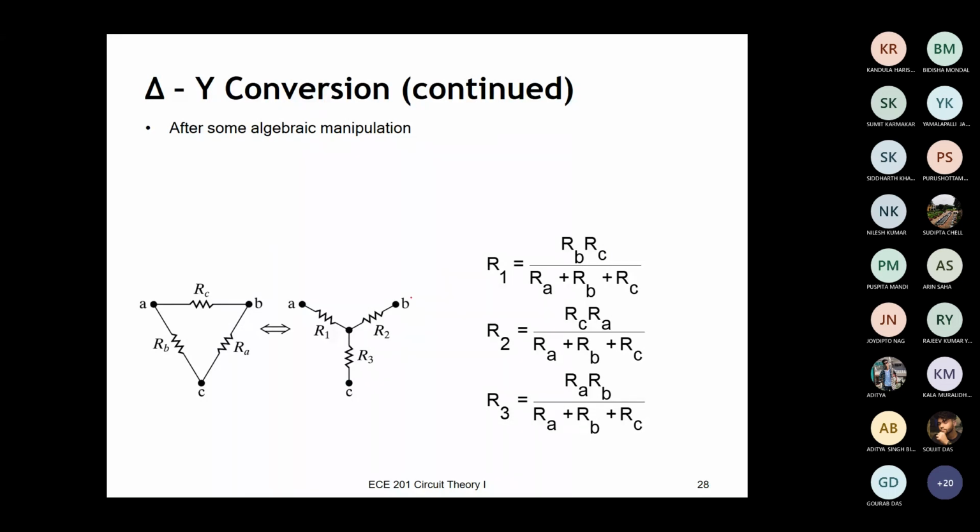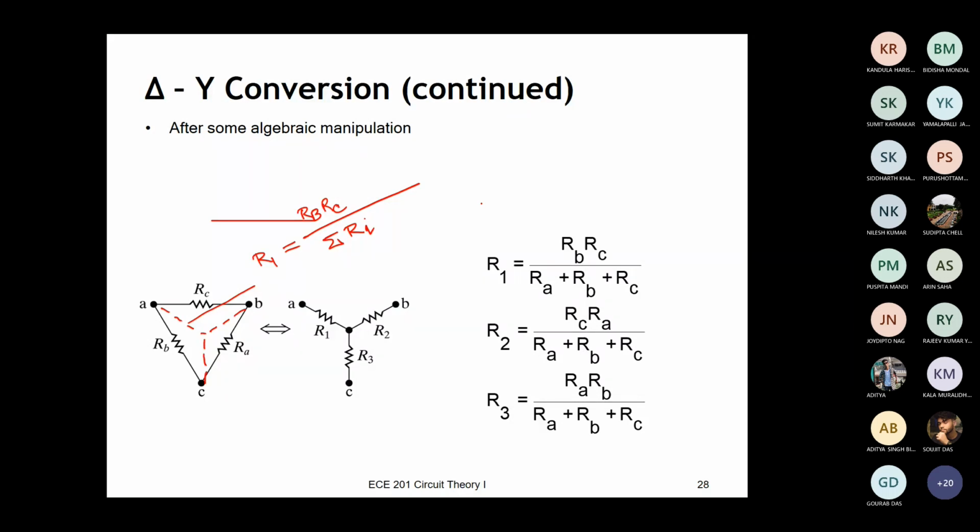To remember it, consider the star within this delta. When you want to write R1, which is between RB and RC, the clue is to write RBRC directly and then below it the summation of RA, RB and RC.